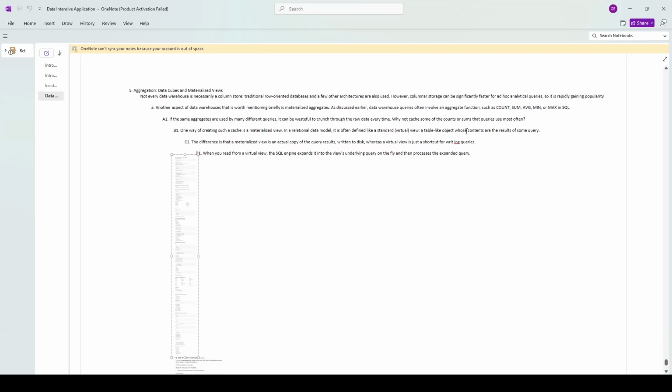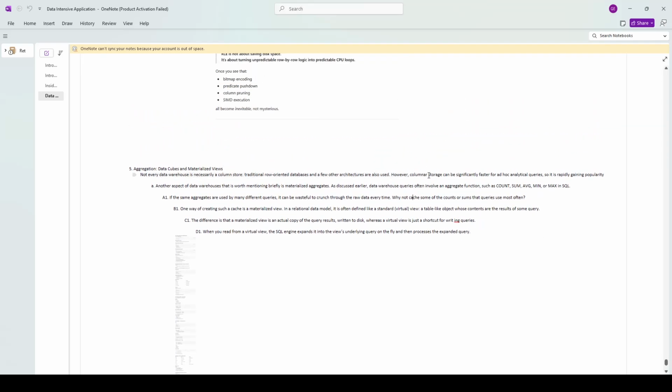Yeah, we stopped here. However, columnar storage can be significantly faster for ad hoc analytical queries, so it is rapidly gaining popularity. Another aspect of data warehouses that is worth mentioning briefly is materialized aggregates. As discussed earlier, data warehouse queries often involve an aggregate function such as count, sum, average, mean, or max in SQL.